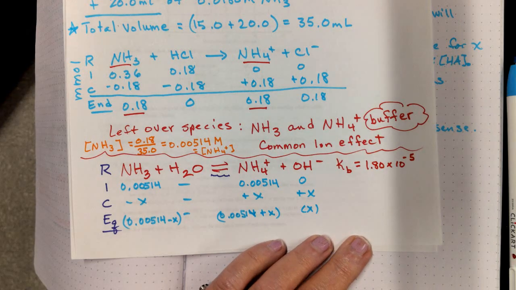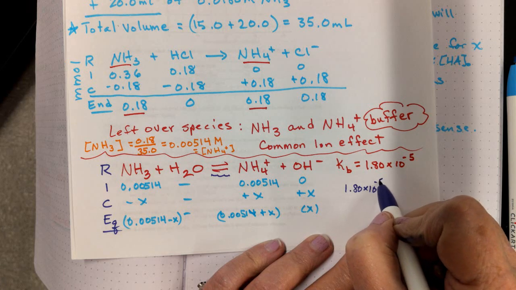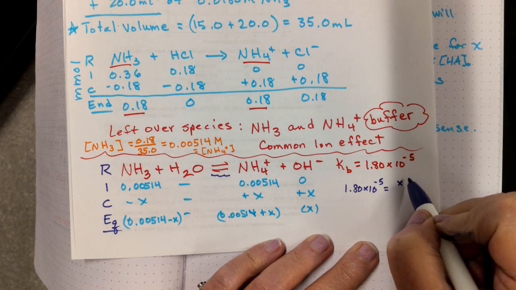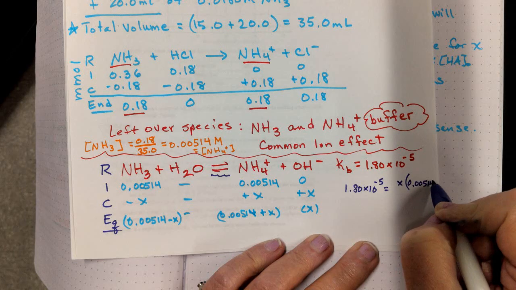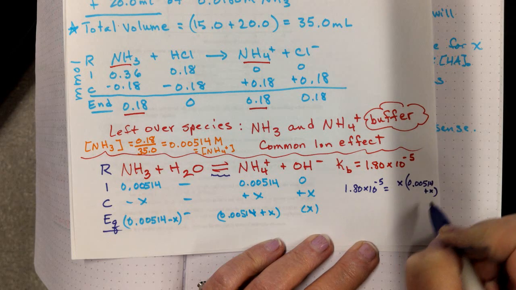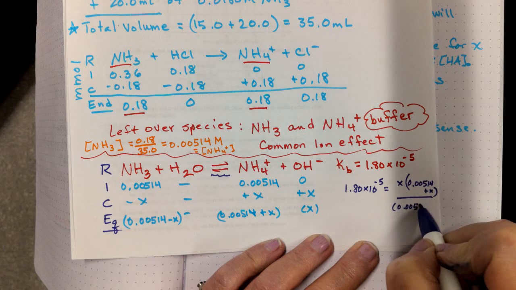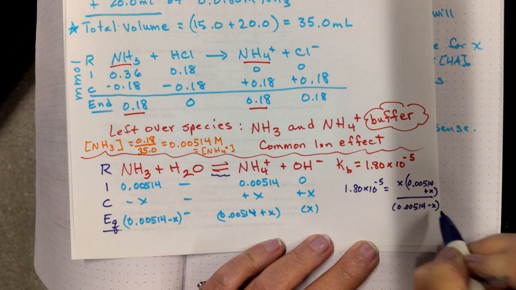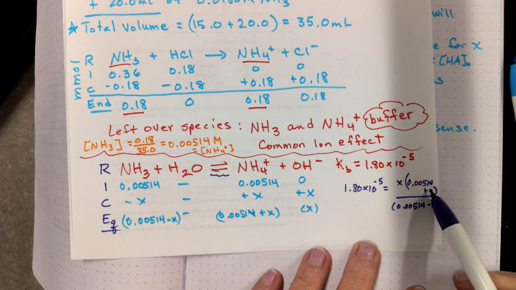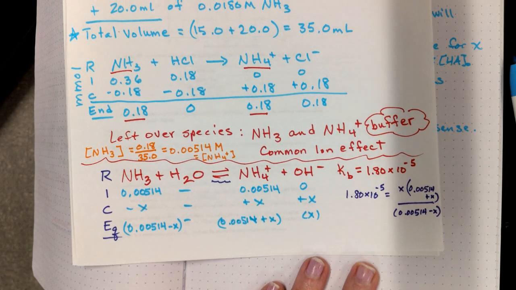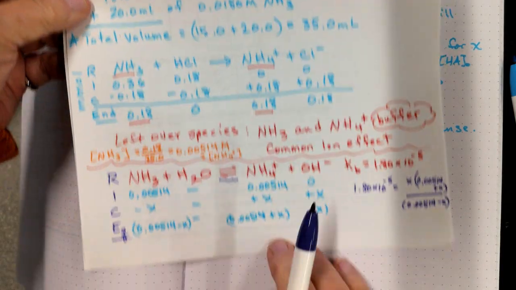So we get 1.80 times 10 to the minus 5 equals x times 0.00514 plus x over 0.00514 minus x. Now don't get into thinking you can cancel these x's. You cannot, because addition and subtraction always stops any kind of canceling out. All right? Can't do it.